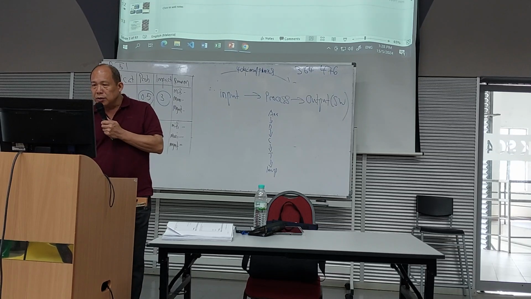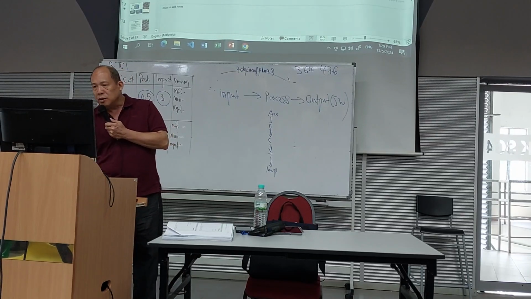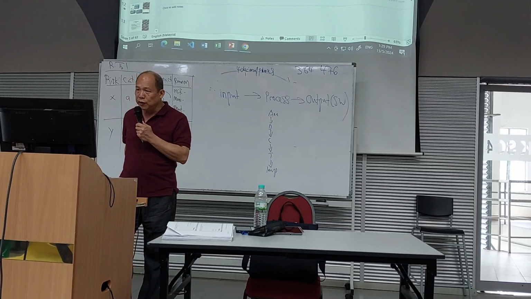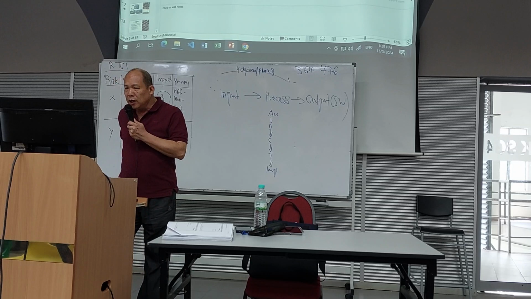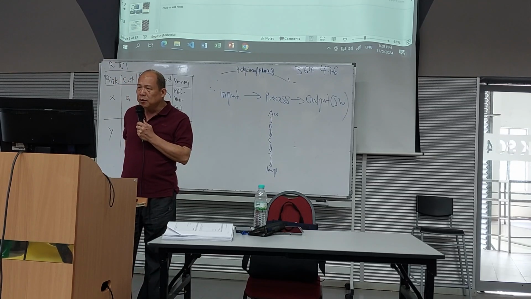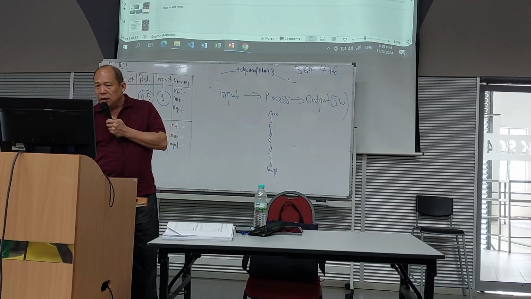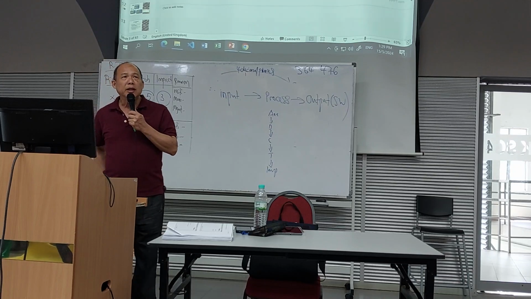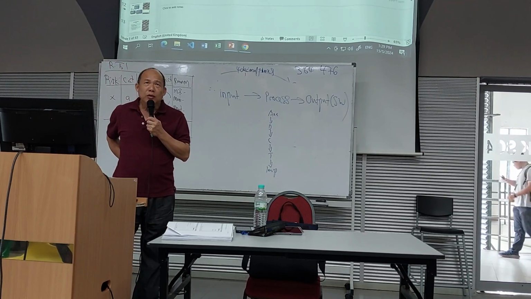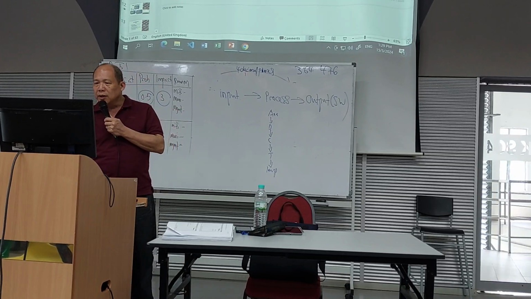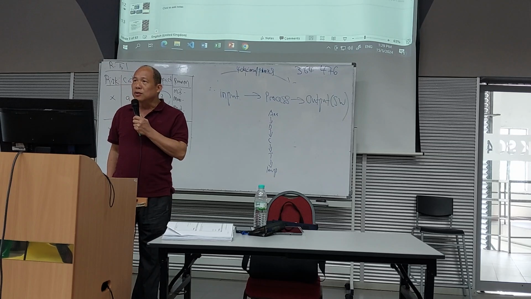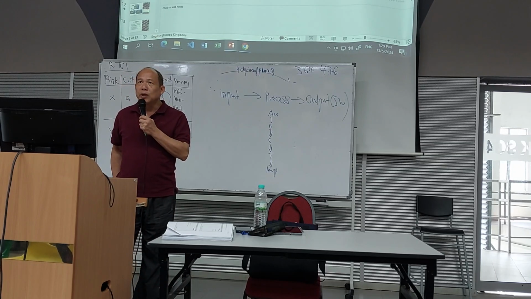Okay, so this slide is to tell you the factors that determine product quality. The product here refers to software. Software is a product. So for a large project, what determines the software quality?